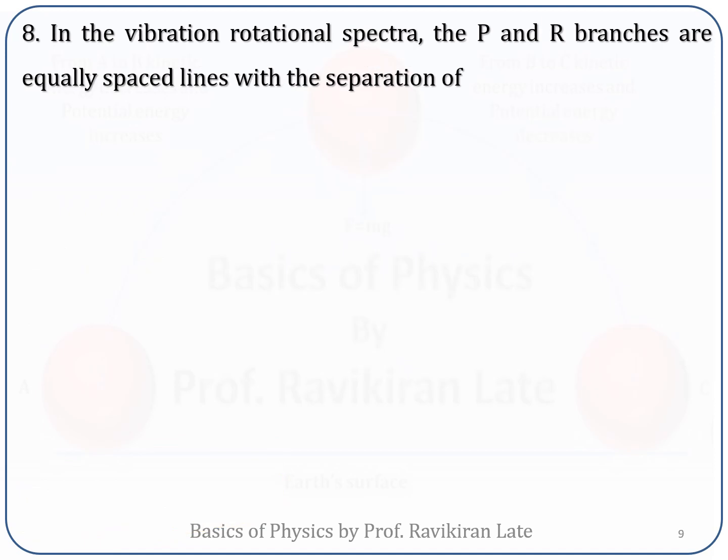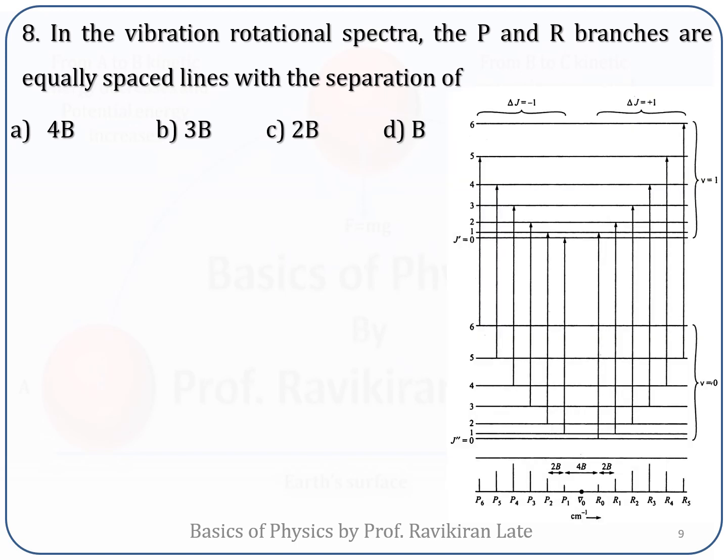Eighth question: in the vibrational rotational spectra, the P and R branches are equally spaced lines with the separation of. Options are given over here: 4B, 3B, 2B and B. Now we had seen in the vibrational rotational spectra, the energy level spectrum will look like this. Within a given vibrational state you have different rotational energy levels.